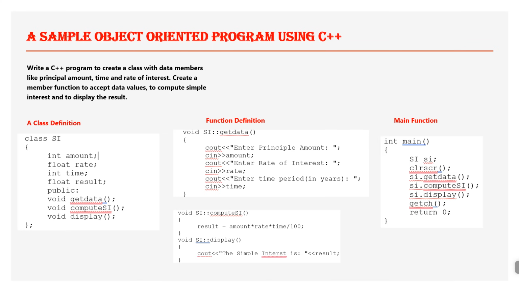Okay, let me take you to the function called get data. I can write this function as void SI scope resolution operator get data. This is possible if I declare get data as a function defined inside the class under public.